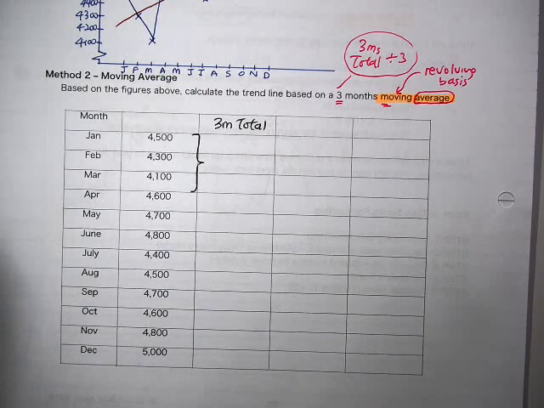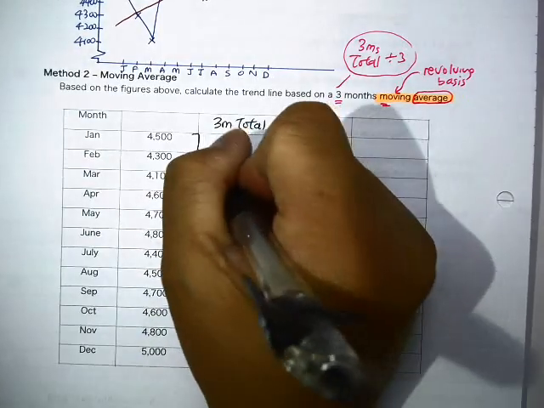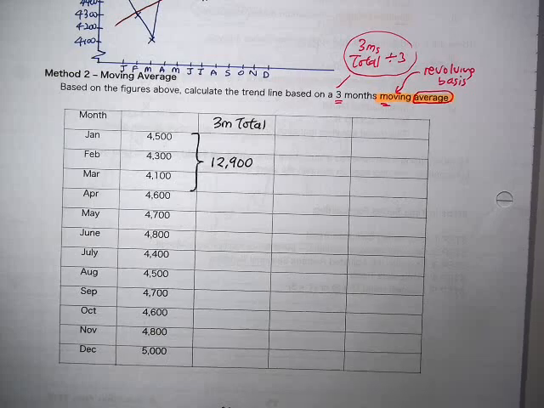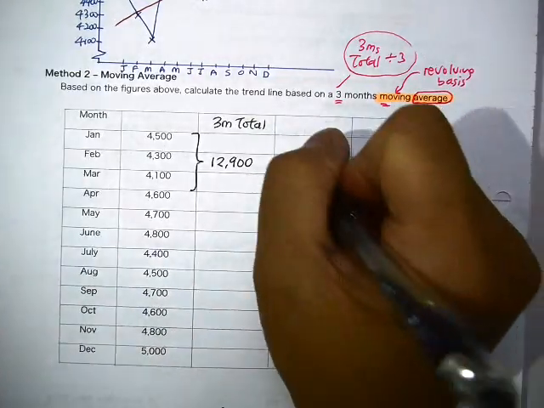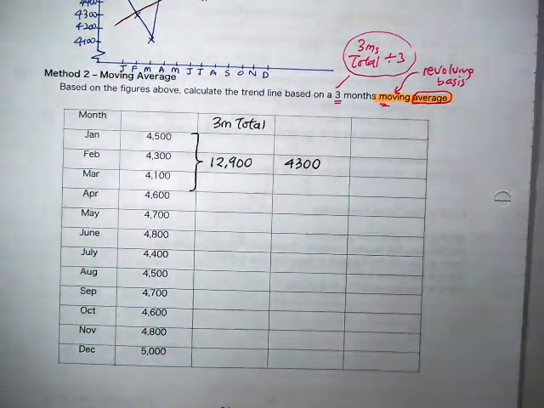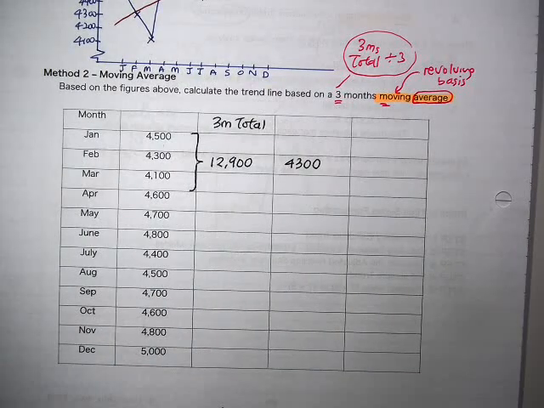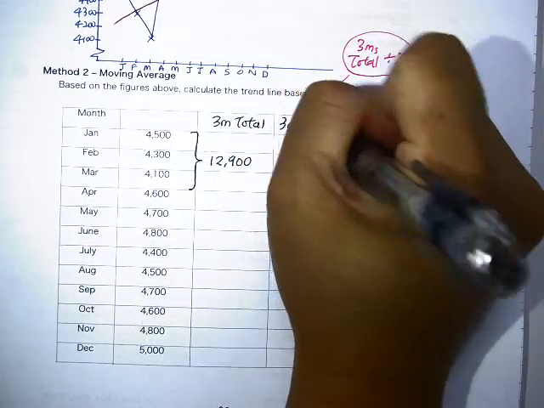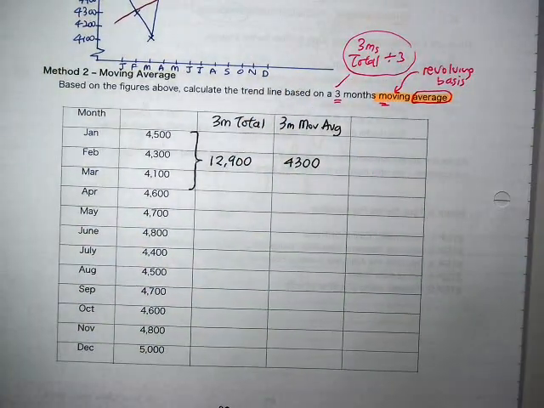So 4,005, 4,003, and 4,001, we have it as 12,009. Now that is divided by 3. This is the 3-month moving average.